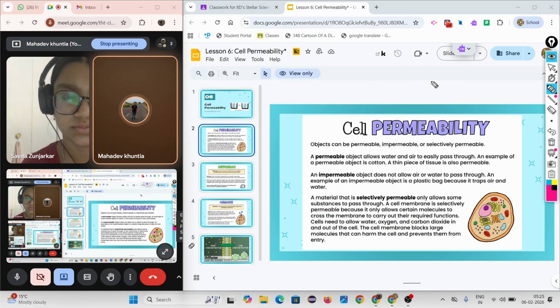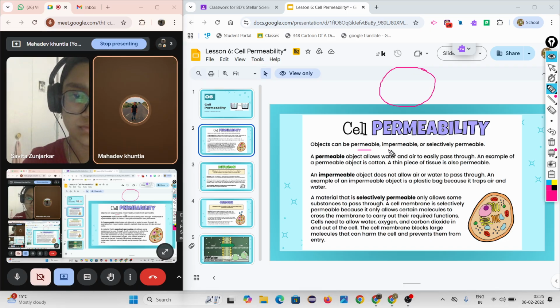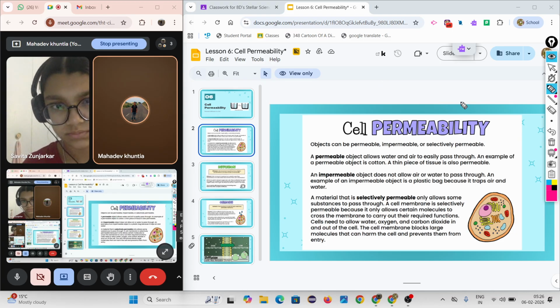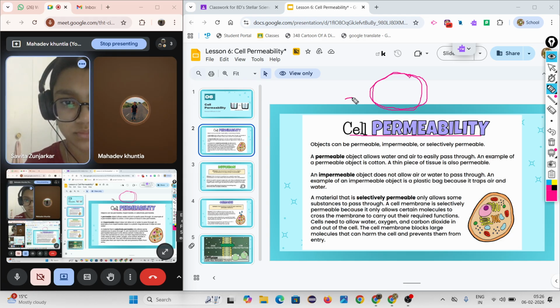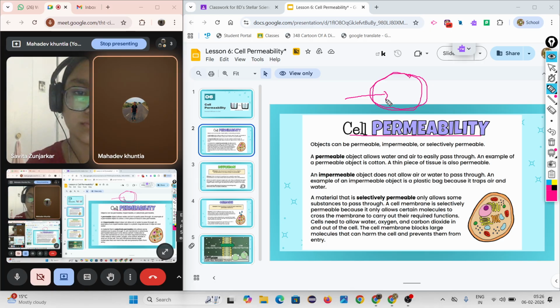Okay, now my question is: is it permeable, impermeable, or selectively permeable? What does it mean? Permeable means like a sponge or cotton cloth. Today we are going to learn cell permeability. Permeability is about a layer: does it allow everything to come inside or go outside the cell?